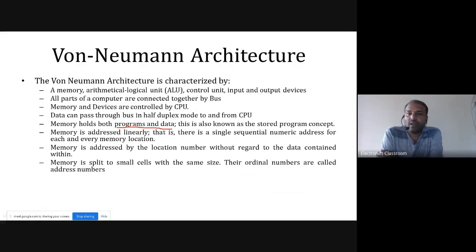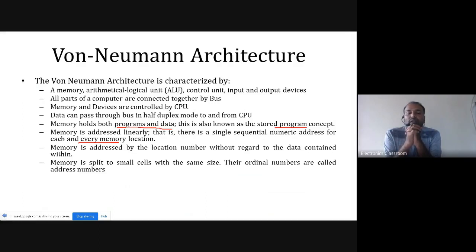This is known as the stored program concept. Memory is addressed linearly, that is, there is a single sequential numeric address for each and every memory location.